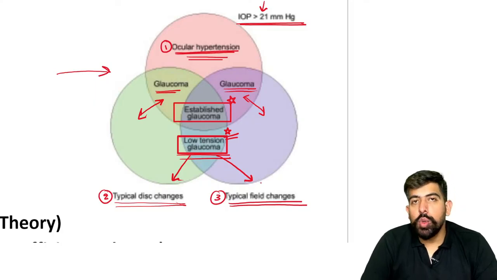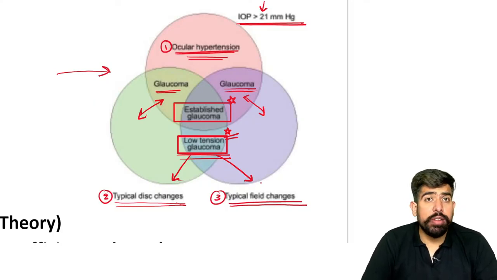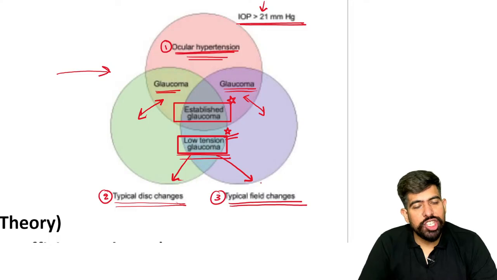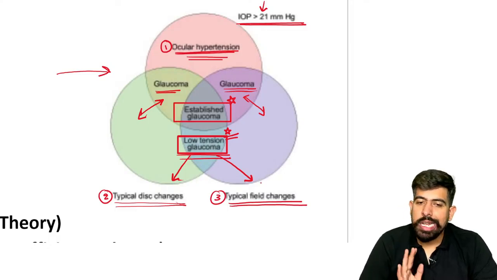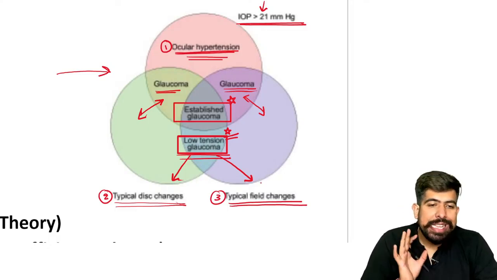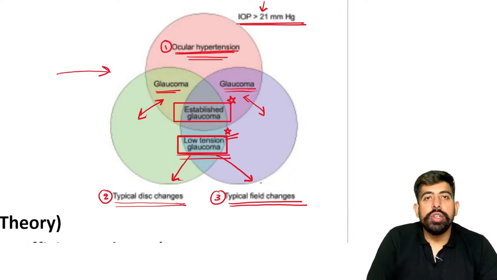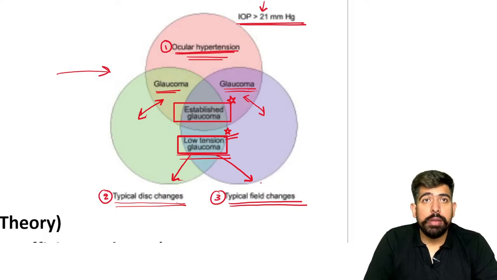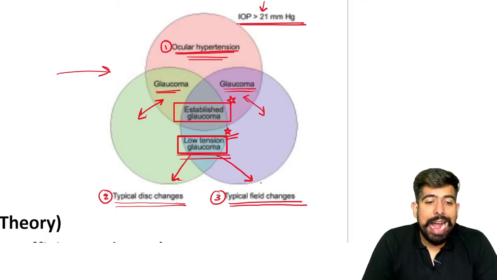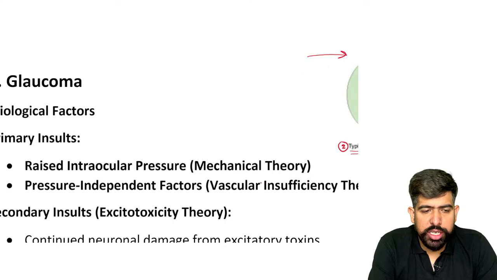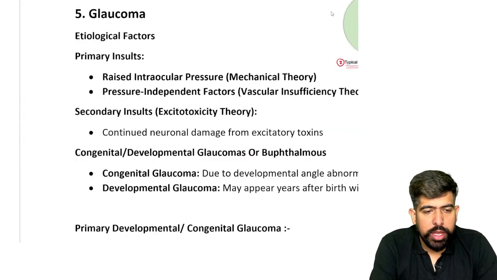But if only two features are present, one of which must be ocular hypertension, along with either disc changes or field changes, that is also glaucoma. But if there is no ocular hypertension, but disc changes and typical field changes are present, that is known as low tension glaucoma.